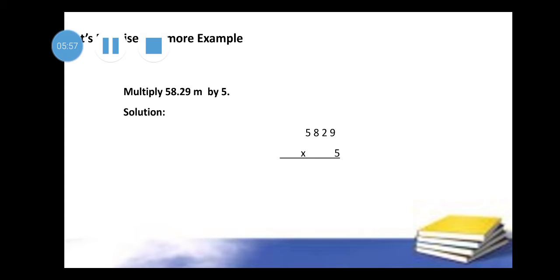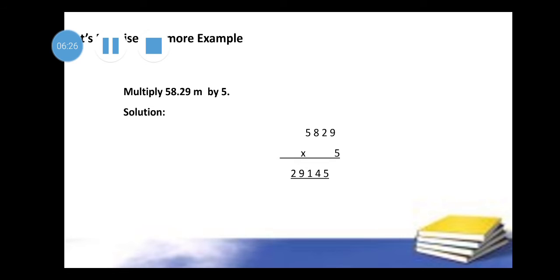So when we start the multiplication, we can see that 5 times 9 is 45, 5 will be here and 4 will be carry forward. 5 times 2 is 10 plus 4 is 14. 5 times 8 is 40 plus 1 is 41. And 5 times 5 is 25 plus 4 is 29. Now we have to count the decimal places in our question, and in our question we have two decimal places.